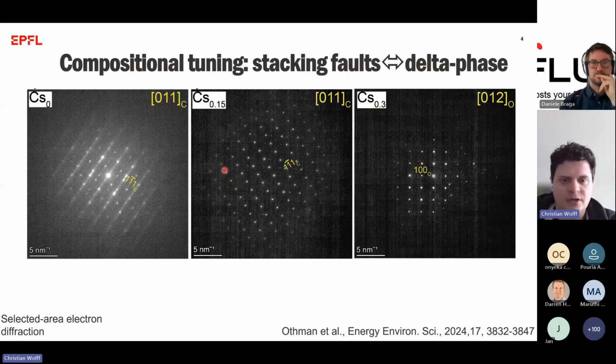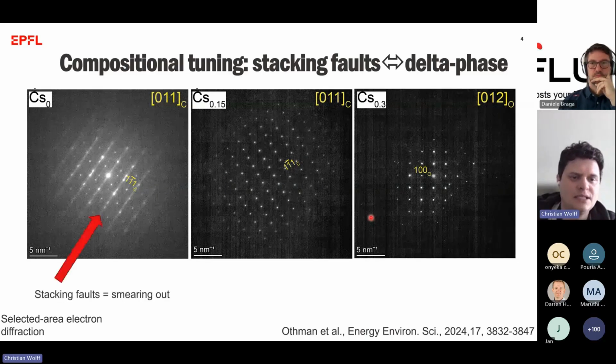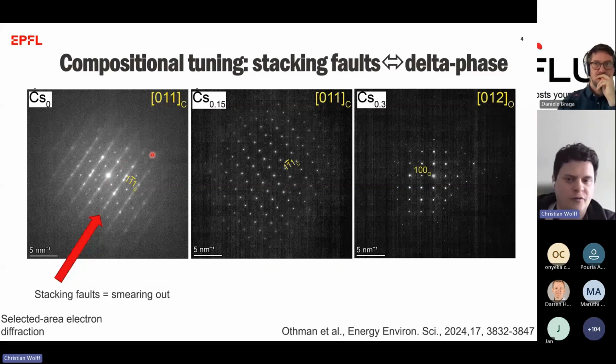And you can identify quite a few additional features, such as, okay, here we have this smearing out of these lines. And what the smearing out means is that the distance between the diffracting planes is very close to where they are supposed to be, but not quite. And so you have a little distribution around, let's say, the optimum if you would have a perfect crystal.